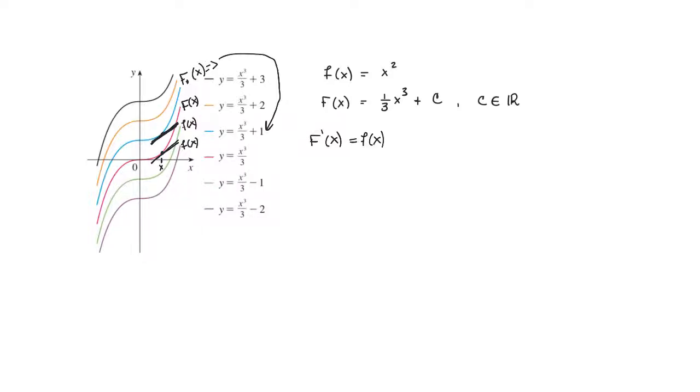The slope is exactly the same throughout because all that I'm doing by adding or subtracting c is performing a vertical translation. So as long as I keep the same x value and I calculate the slope of the tangent lines, they are going to be parallel. So those slopes are going to be the same. That means that the derivative of those big F functions will be little f of x throughout.